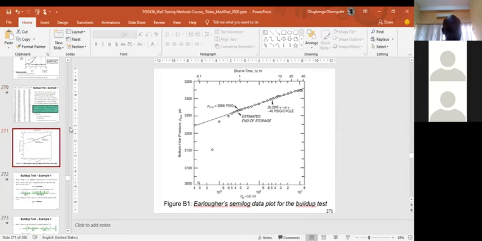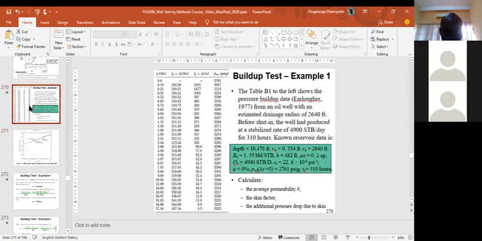The next thing, remember, when we use the semi-log plot, we do not go and find the log of the time period anymore.